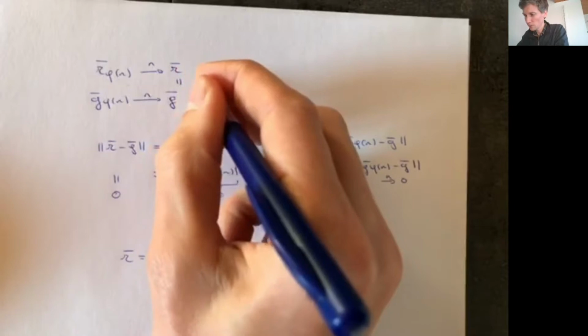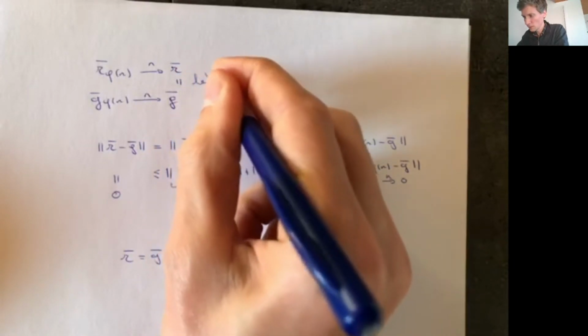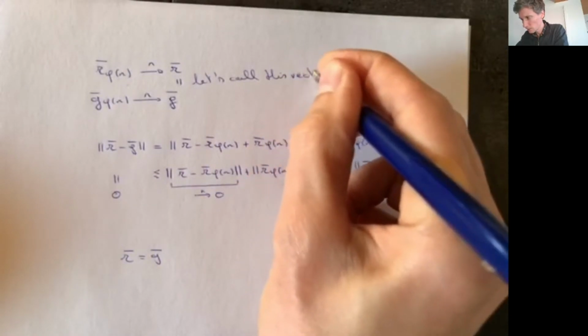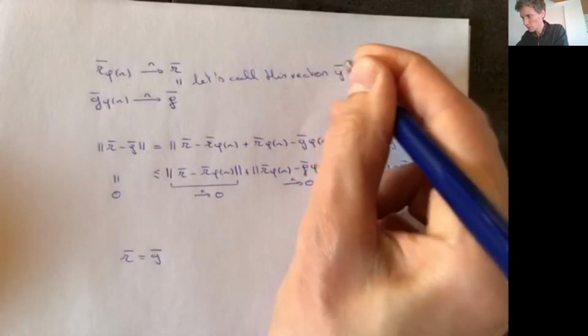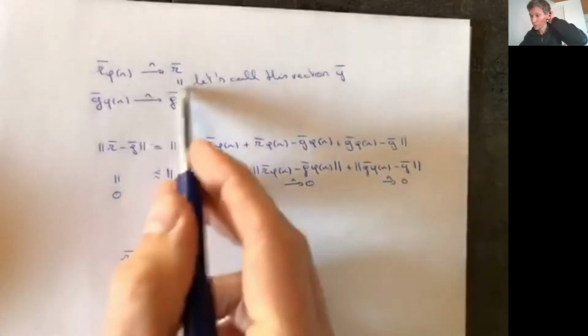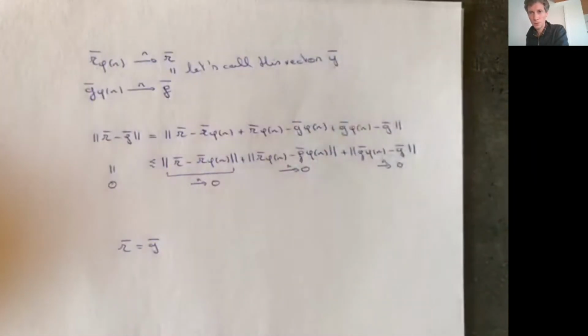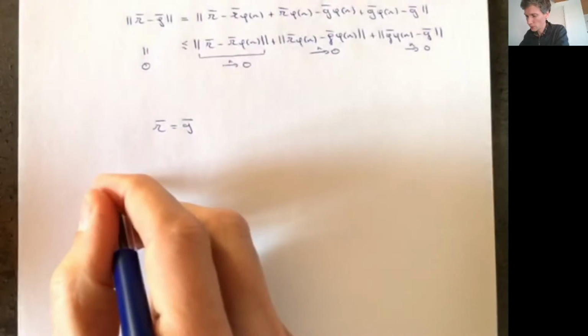So these are equal, so let's call this vector y. In order not to make it green or red, let's call it y. Good. So let's have a look at this vector y.